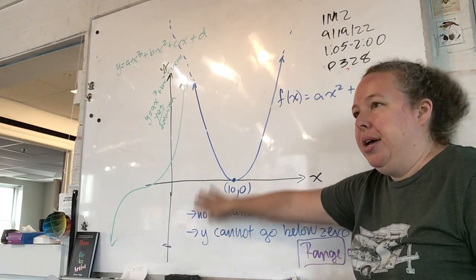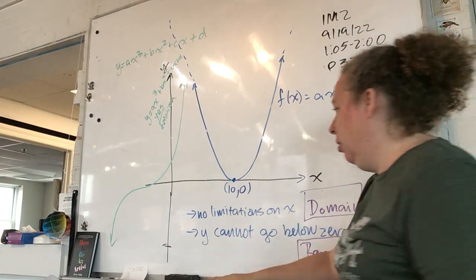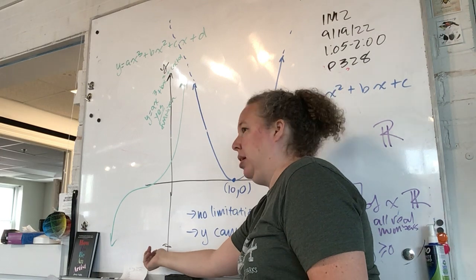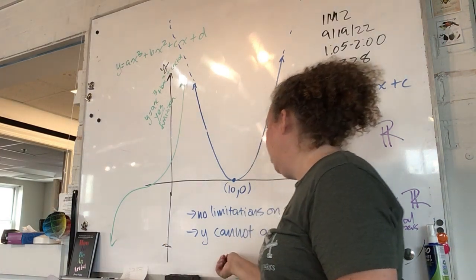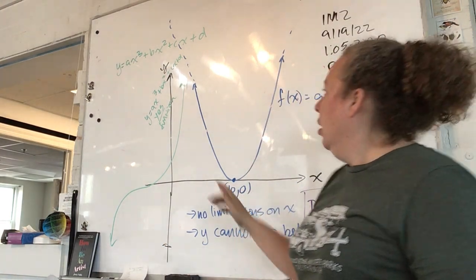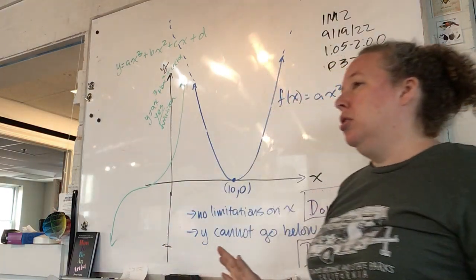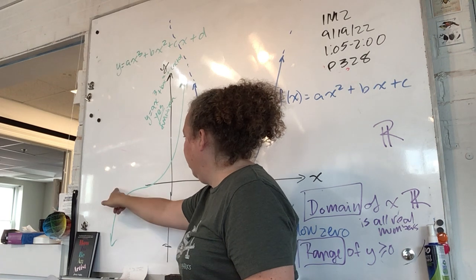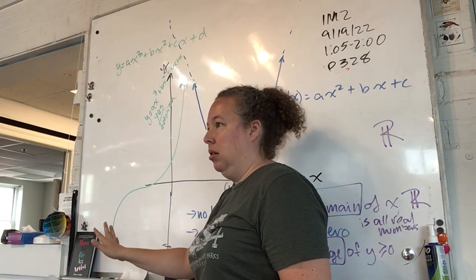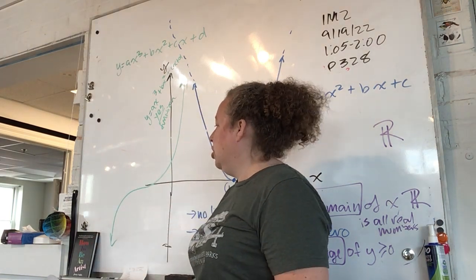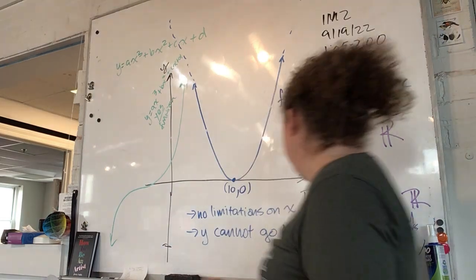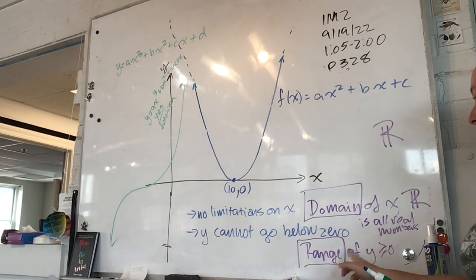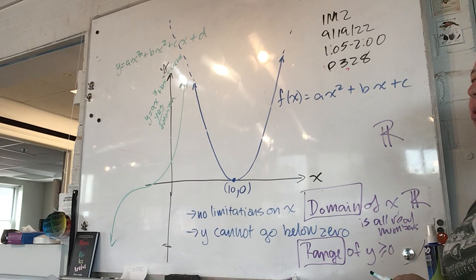There are no y's down here. If we try and back up into an x from down here and we go over, we're not going to hit the graph. But how about for y equals x cubed? Yeah, we can go down here, we can find out what this x is. So for y equals x cubed, the domain is all real numbers, the range is also all real numbers.